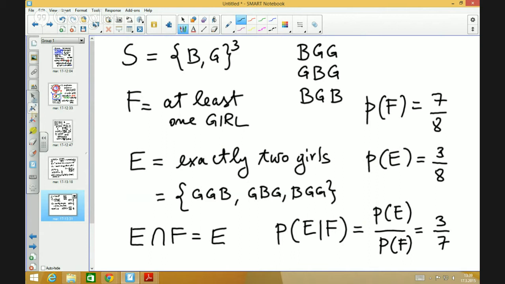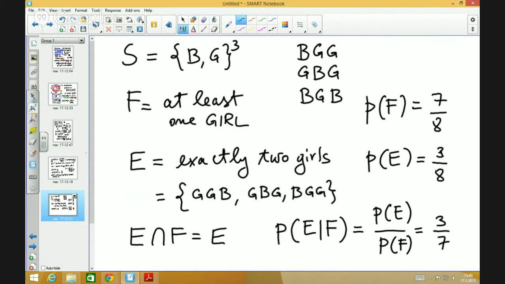Now, this makes perfect sense intuitively. Why? Because if somebody tells you that you have at least 1 girl in the family, then your sample space shrinks. It was 8 strong before, it becomes 7 strong. The possibility boy, boy, boy has disappeared. But the good family combinations are still 3.